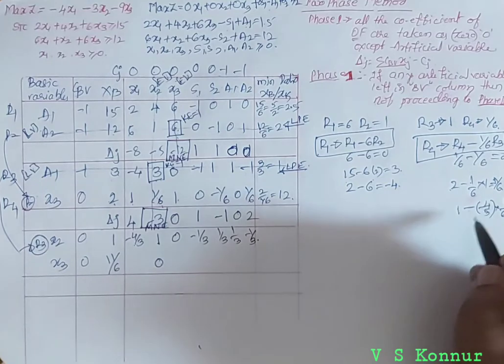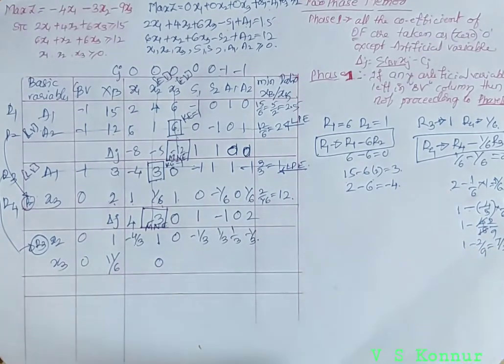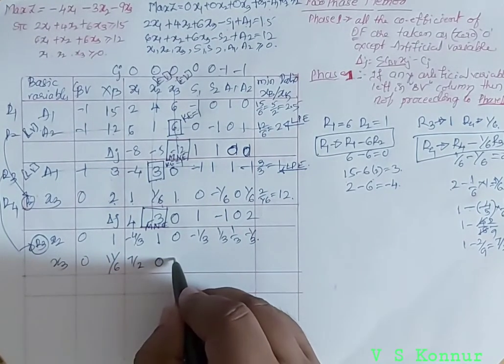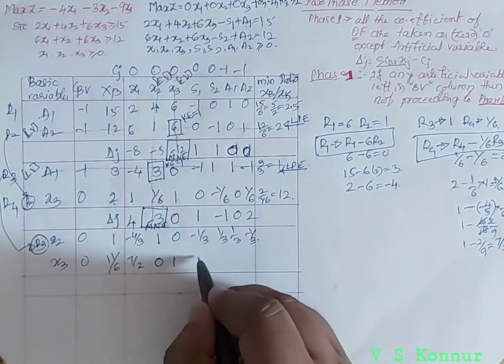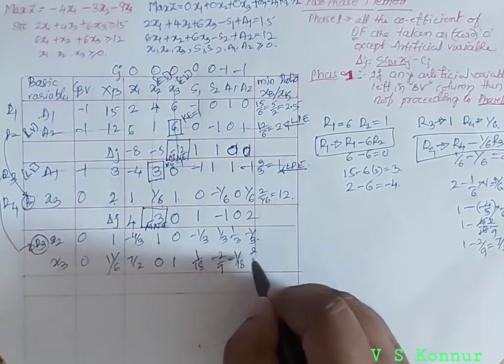Minus of minus is plus, 1 minus 4 by 18, so 1 minus 2 by 9 we get 7 by 9. In the same way you can calculate, we will get 1 by 18, minus 2 by 9, minus 1 by 18, 2 by 9.